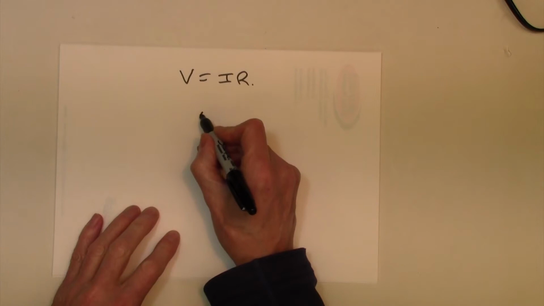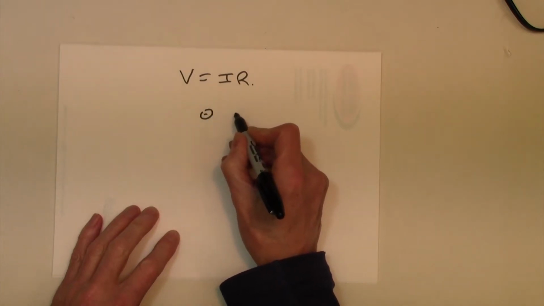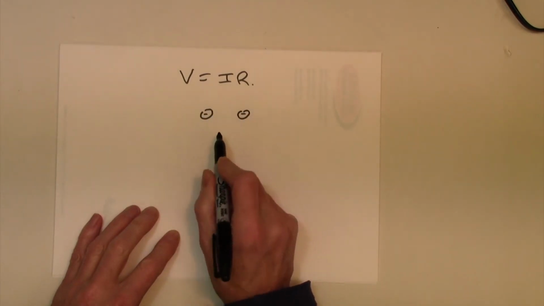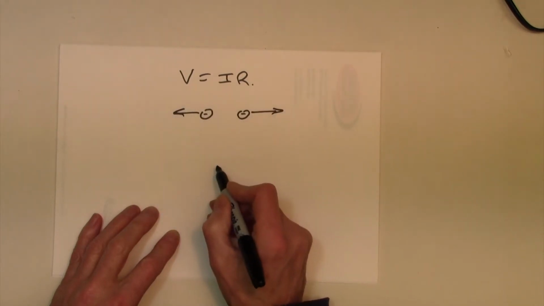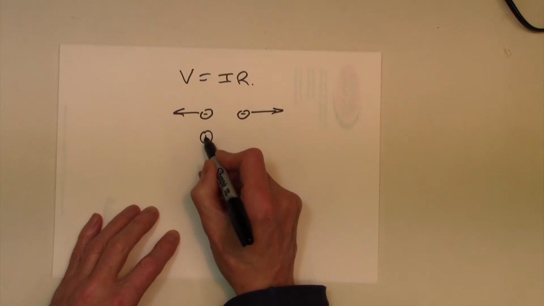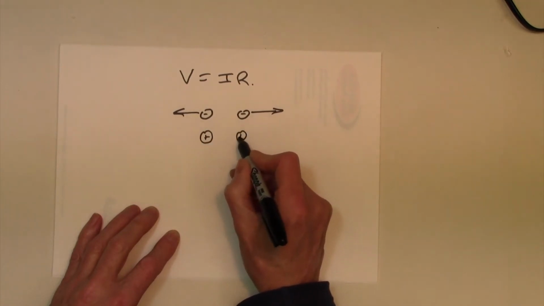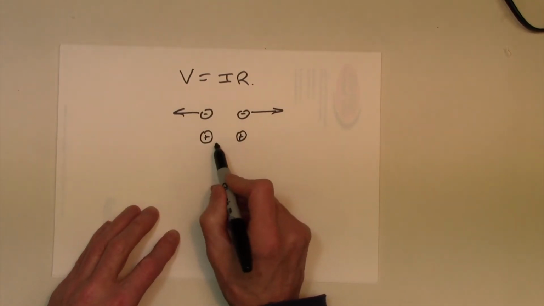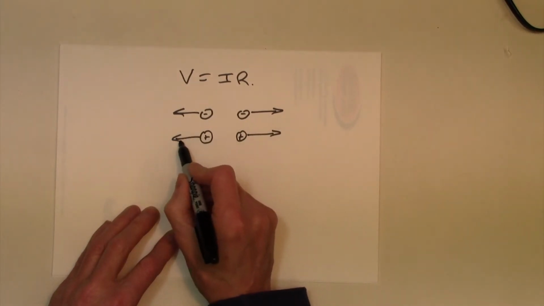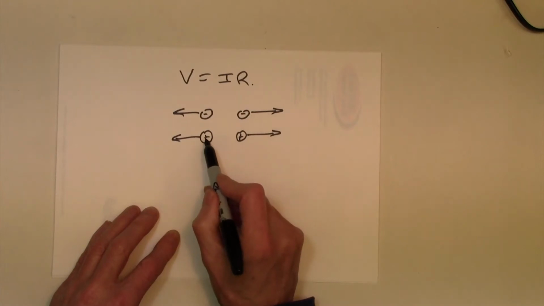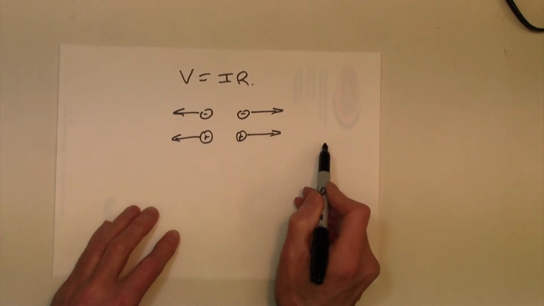The fact is that like charges, negative and negative in this case, repel each other. We can have a different charge, we can have a positive charge, but because they are like, in other words they are the same, they repel each other too. So a negative would repel a negative, and a positive would repel a positive.